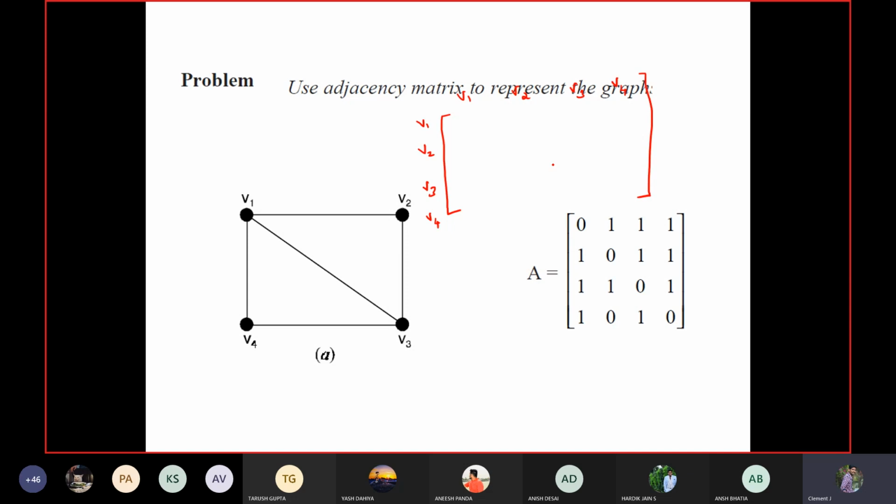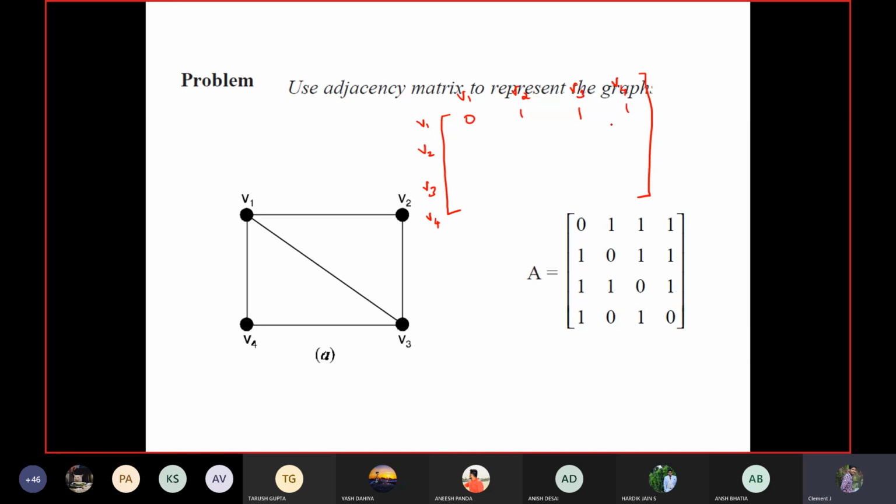Now, does V1 have an edge with V1? No. If there is no edge between V1 and V1, I can put 0. Next, V1 has an edge with V2? Yes, so I put 1. Next, V1 has an edge with V3? Yes, so 1. Next, V1 has an edge with V4? Yes, so 1.